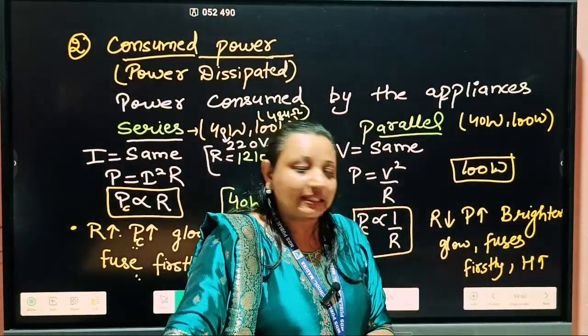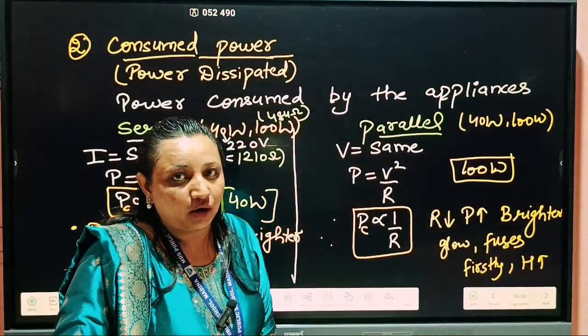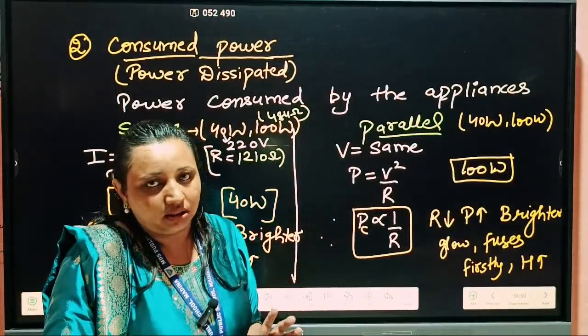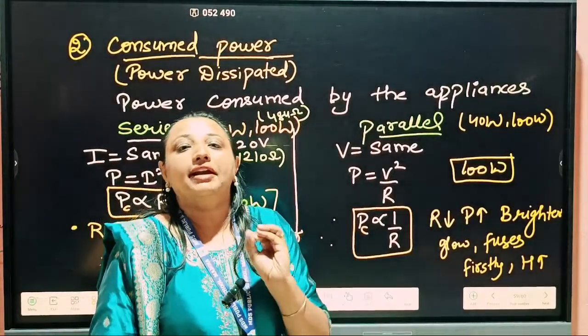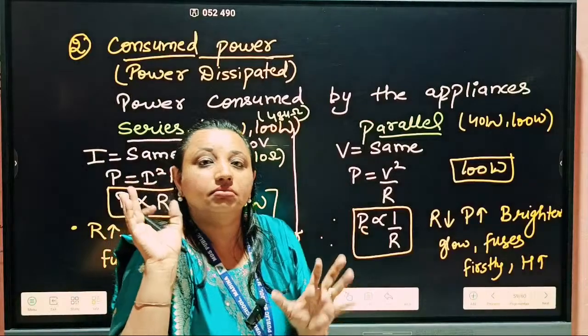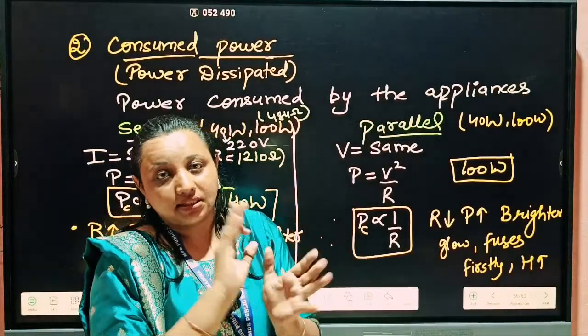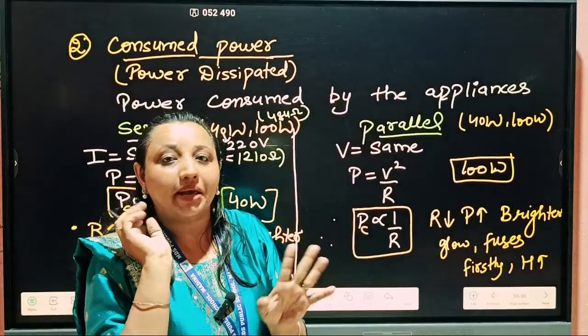Its consumed power is greater, it glows brighter, it fuses fast, and it produces a greater amount of heat energy than the other one. So by just knowing the rated power, we can mark the consumed power, if the question is a comparison.